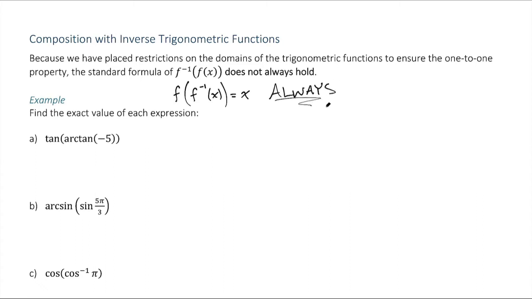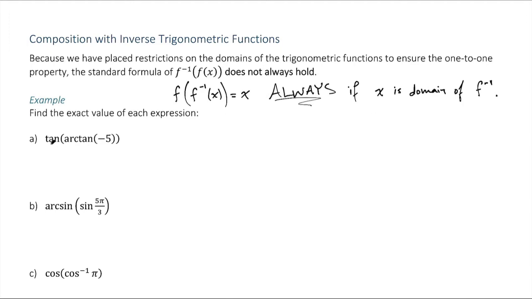So that's really nice, okay? Let's go ahead and just see how that comes into play. So right here, I should say always, if x is in the domain of f inverse, okay? So that's the only thing you would need to check here.